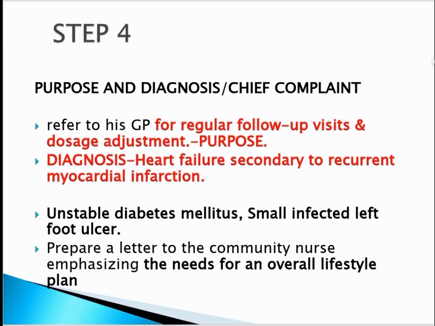I'm writing regarding Mr. X, who requires regular follow-up visits and dosage adjustment owing to heart failure secondary to recurrent myocardial infarction. I'm just giving an example. Or we can find a second example where a patient has unstable diabetes mellitus and currently has a small infected left foot ulcer.